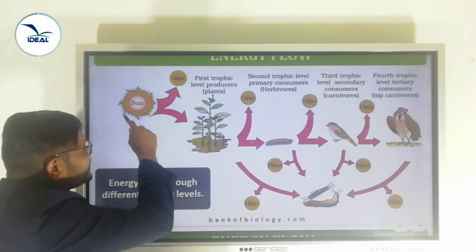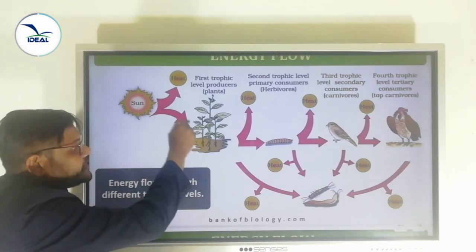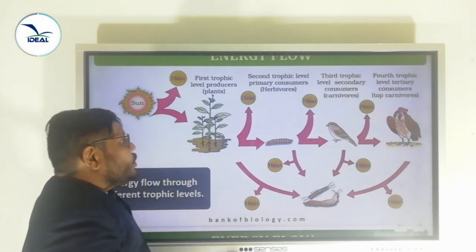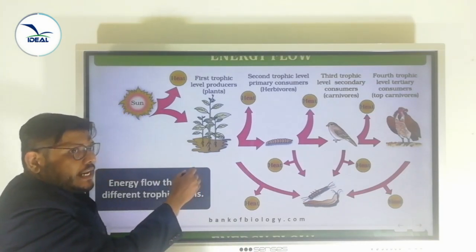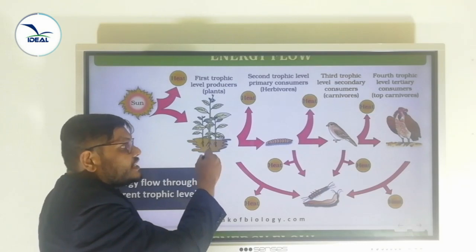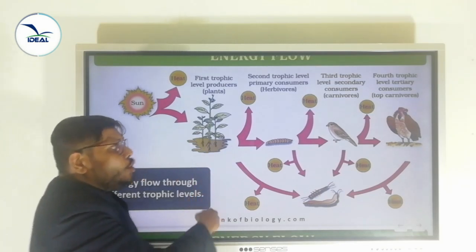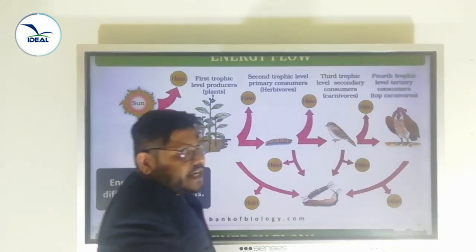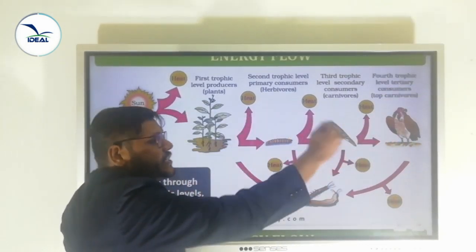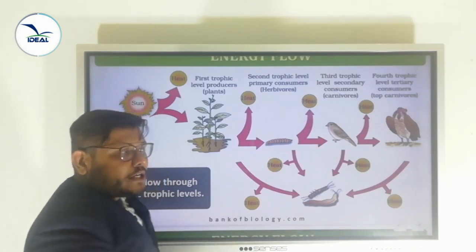From the sun, that particular light energy is trapped by green plants, so green plants synthesize food material. From the primary producer level, that energy is transferred from the primary producer to the primary consumer, secondary consumer and finally the tertiary consumer. In this way, the energy is transferred from one trophic level to another.